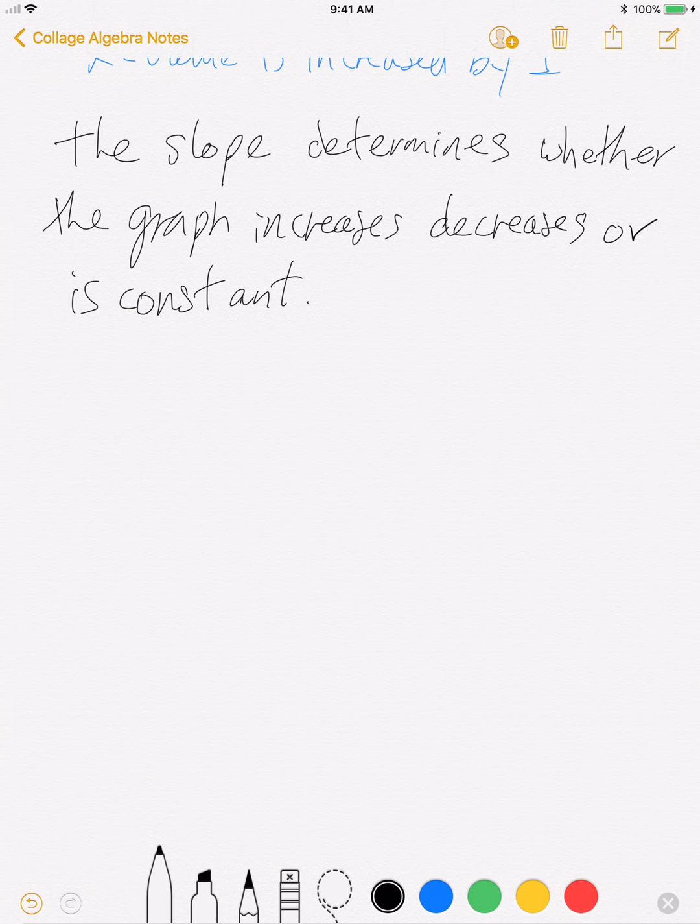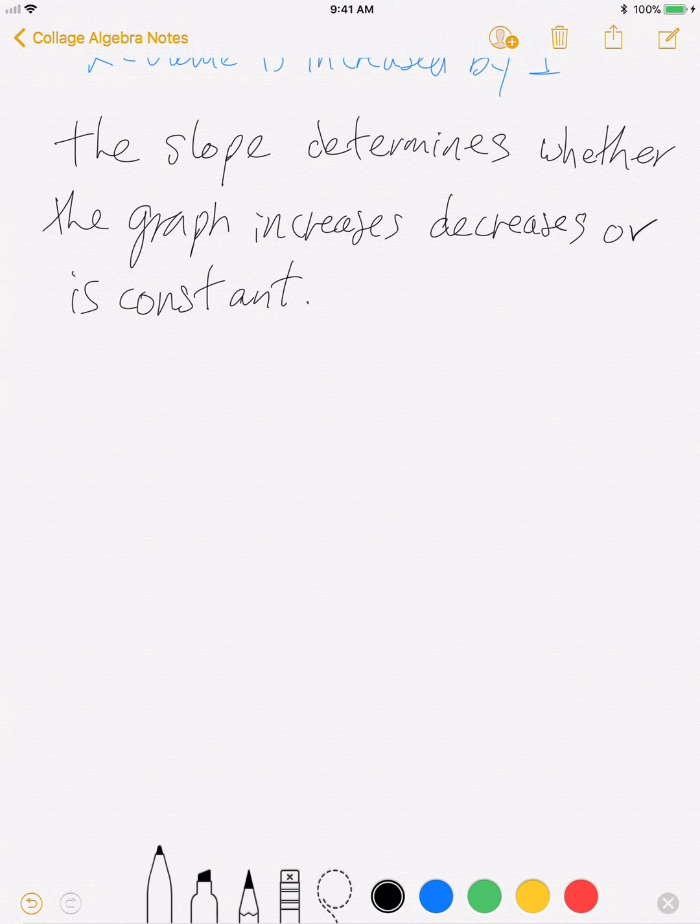If the slope is 0, then the y values will not change, and the graph will be horizontal. The y values are constant, and so we call that a constant graph.